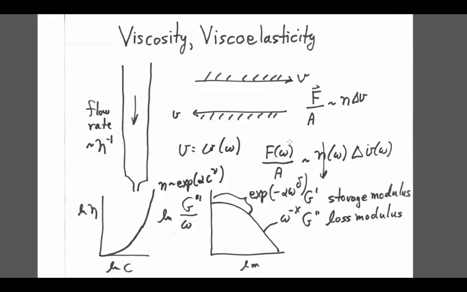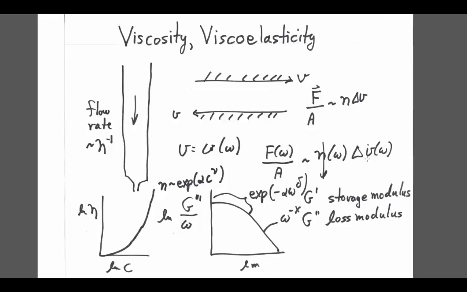The angle is typically not too large, and we have some frequency. Corresponding to that frequency, we have a velocity, which is at some frequency, and we get a force, which is at the same frequency, and corresponding to that, we might have said, well, we have a frequency-dependent viscosity.